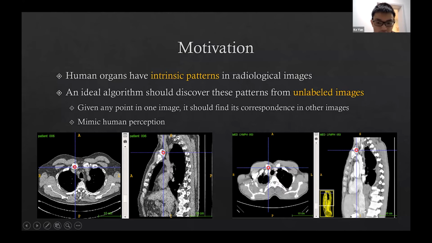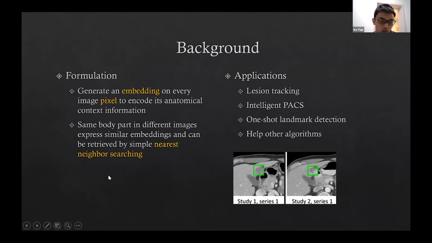Here and here, we can easily tell that these 2 points correspond, are a similar body part, even if we are not doctors, because we can see that the appearance of these 2 points is similar. So we hope that our algorithm can also learn this kind of similarity.